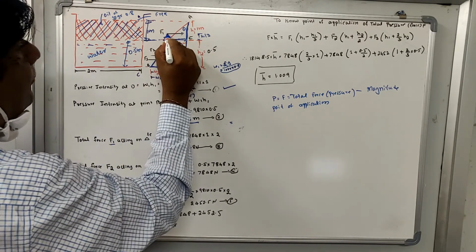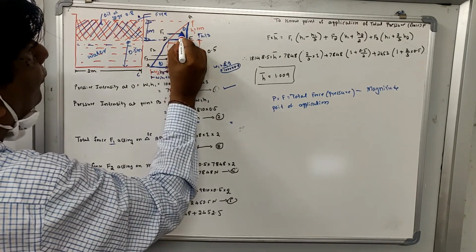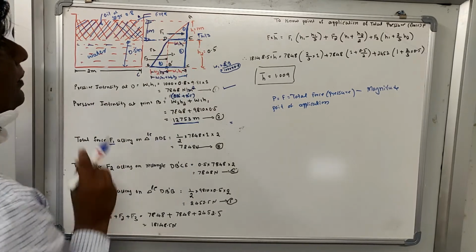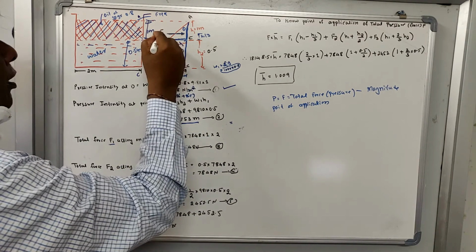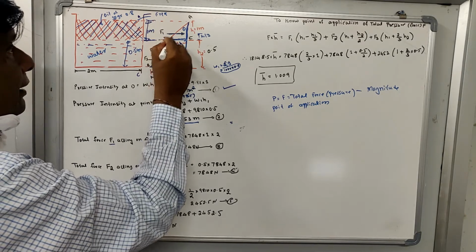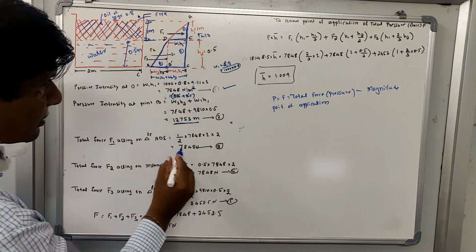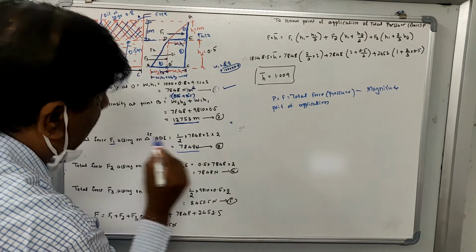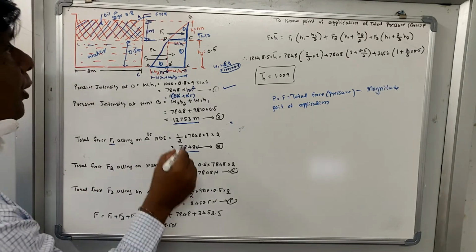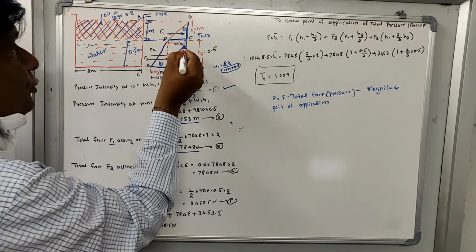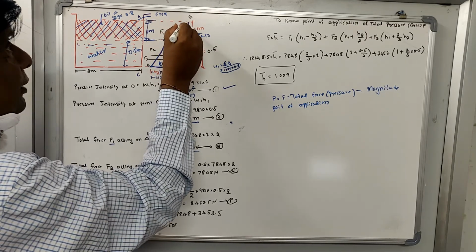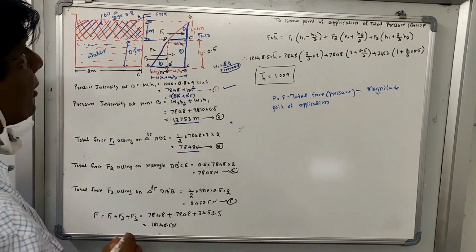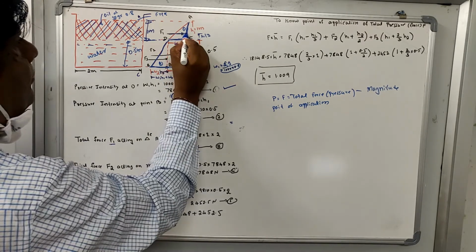So this is the point of application of F1. So the total magnitude of force F1 acting on this triangle ADE is 7848 Newton, and its point of application is H1 by 3 from the base DE, or 2/3 of H1 from the point A. This is the point of application.